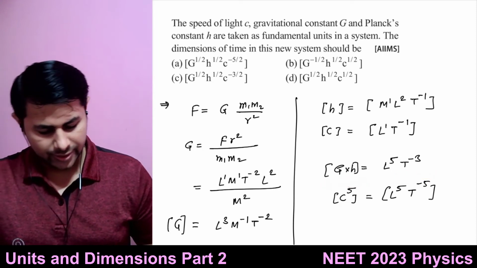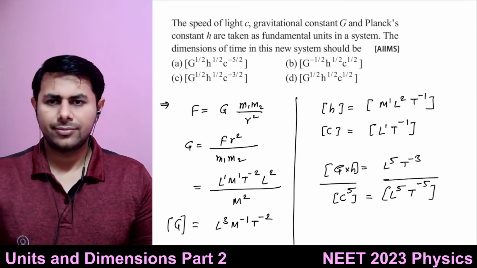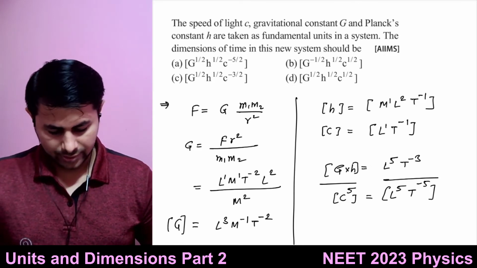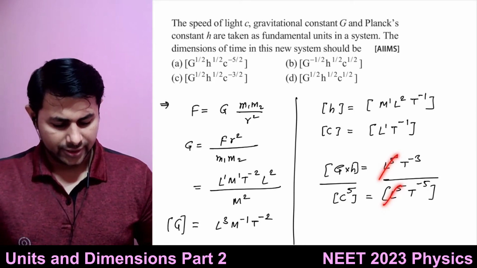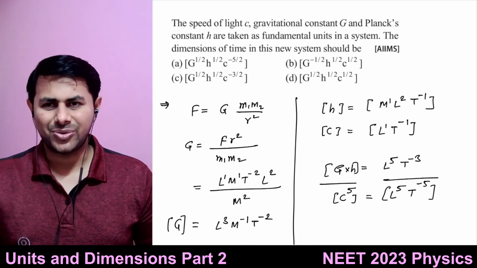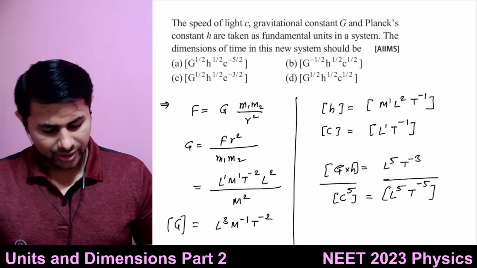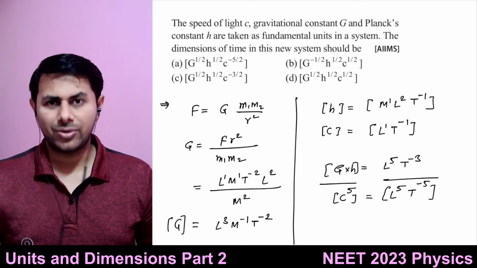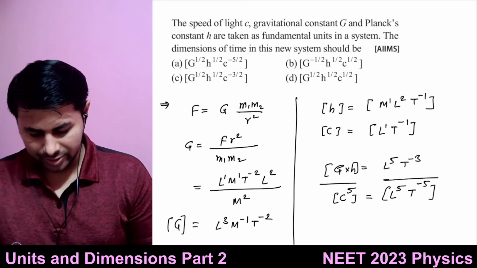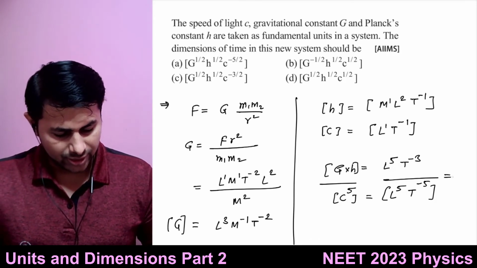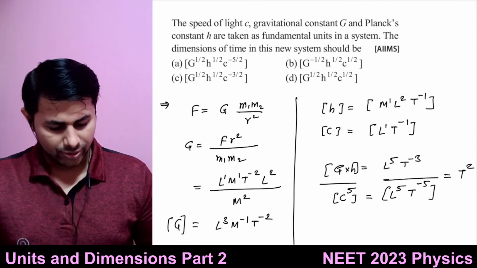What do I get? Gh by C power 5 is equal to, this L gets cancelled, and T to the power, not minus 2, it will be plus 2. T square. And then I will take the square root of that. Okay, so my answer should be this thing. If I take the square root, this is T square, and I take the square root of this now.